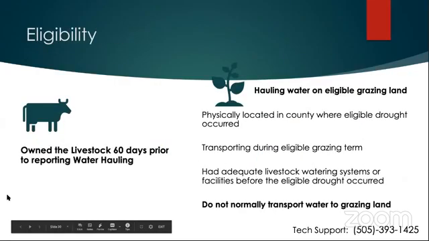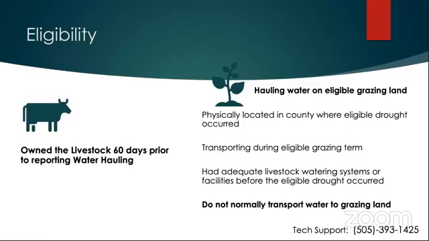In order to be eligible for this program, you needed to have owned your livestock 60 days prior to reporting your water hauling. You've got to be on eligible grazing land. So let's say that you've got a permit that only allows you to start grazing June 1st through October 31st. And for whatever reason, they let you go on early and you started hauling water in May, we've got to hold you down to those term limits that are set on your permit.